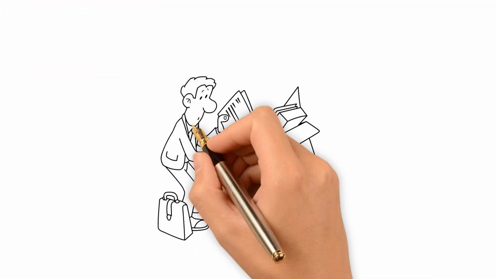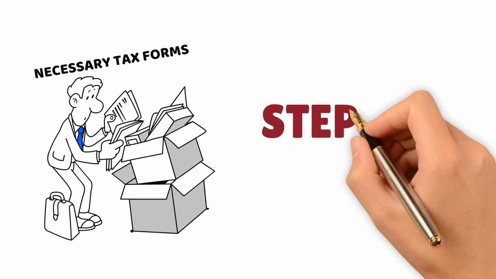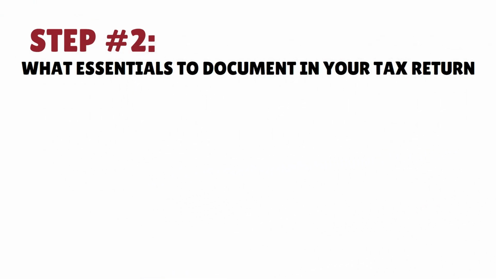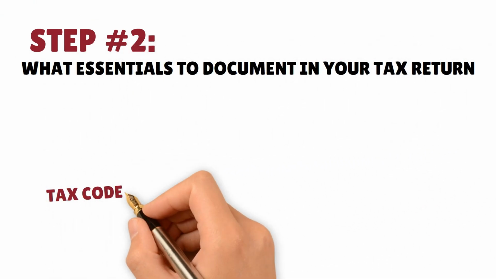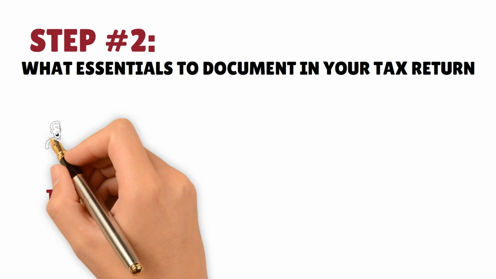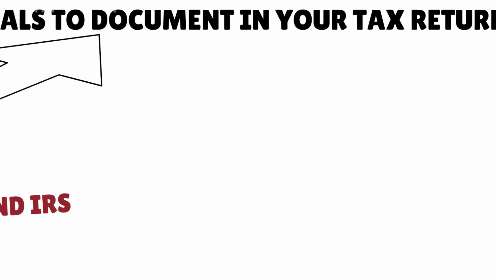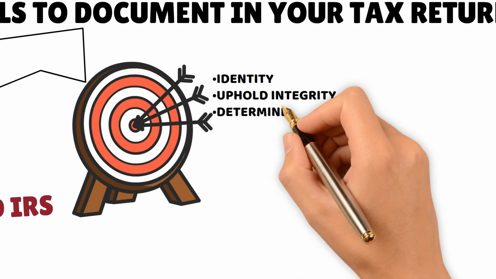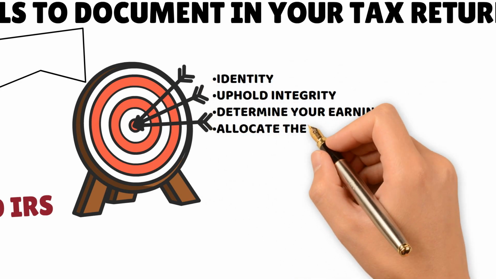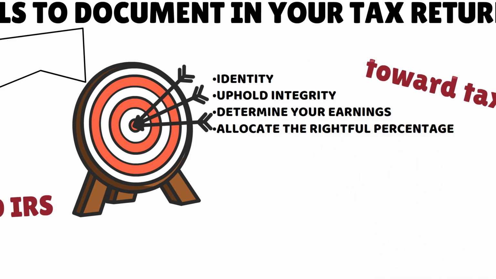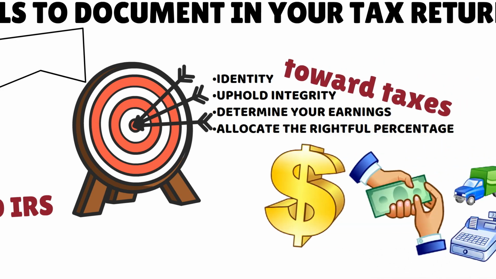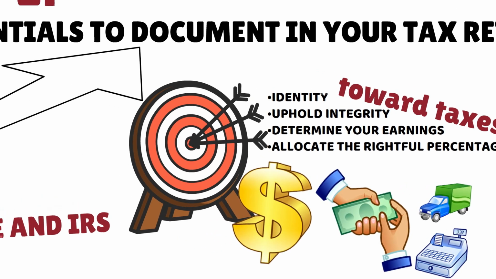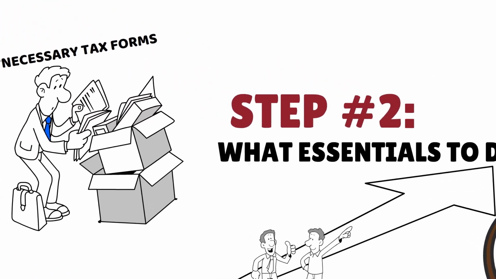Now that we've covered the necessary tax forms, let's delve into Step 2. What essentials to document in your tax return? Simplifying matters, the tax code and IRS requirements are straightforward. They aim to establish your identity, uphold integrity, determine your earnings, and allocate the rightful percentage toward taxes. This fundamental principle applies universally to every business, irrespective of the specific tax return required.